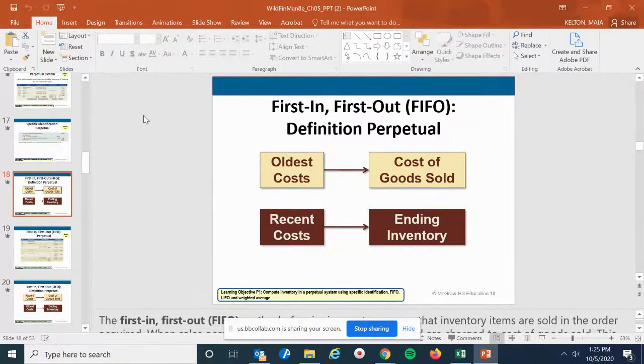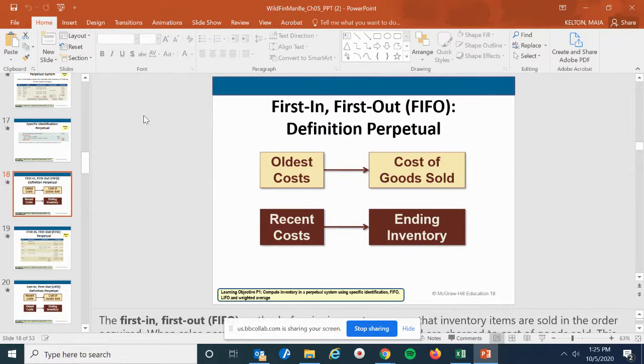I'm skipping specific identification because that method is really not usable. It's not friendly for the big publicly traded corporations, merchandisers that we're talking about in this class. Specific identification method only works if the company has very few items of inventory. So let's start with the first in, first out.